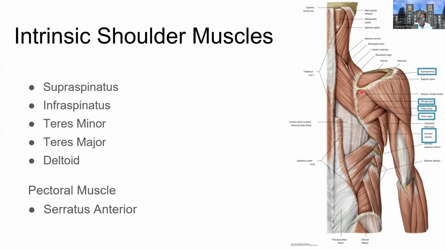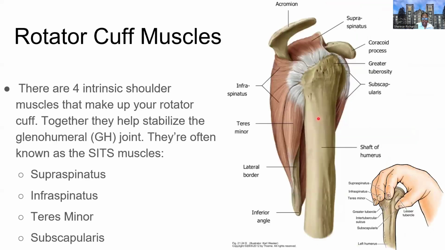It's also going to be attaching to the spine of the scapula posteriorly and the clavicle anteriorly, and then inserting on the deltoid tuberosity. Deltoid tuberosity being the landmark on the humerus for the attachment of the distal edge of the deltoid. So those are some of the intrinsic muscles that we have posteriorly.